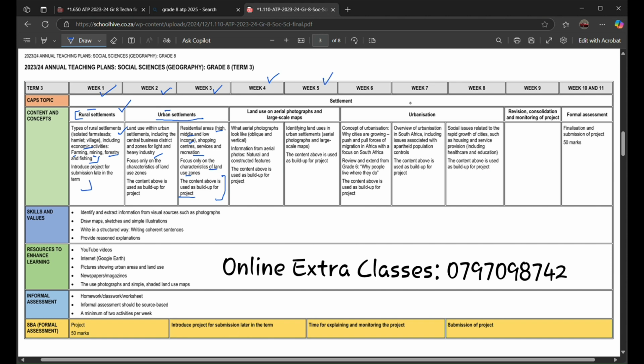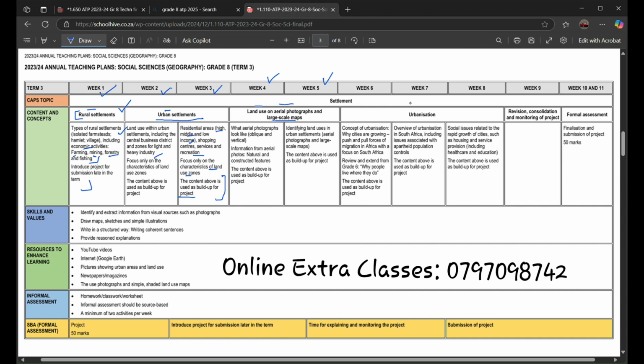So under week 4 and week 5, we also have one and the same topic. In week 4 and week 5, we will cover one topic, and the topic that we are going to be covering will be land use on aerial photographs and large scale maps.